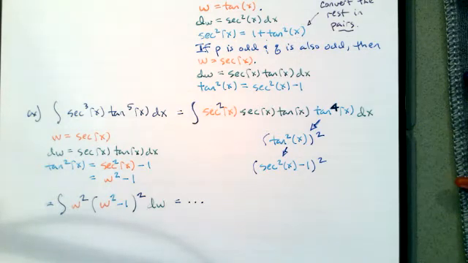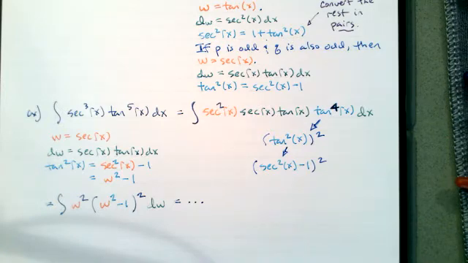So really, this is the case where P is odd and Q is also odd. What really needs to happen is that if we want to make the substitution w equals secant, we just need to save one factor of secant and one factor of tangent. What we really need is that one factor of tangent.